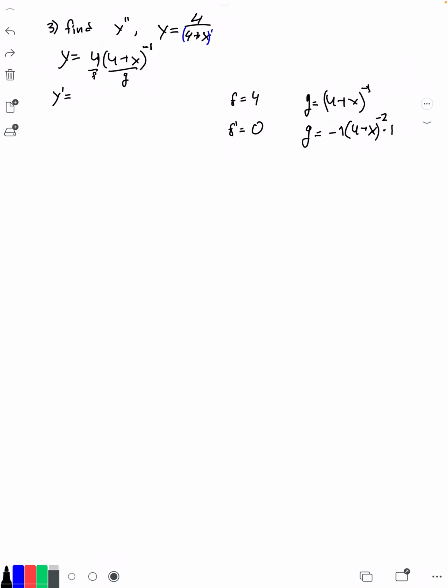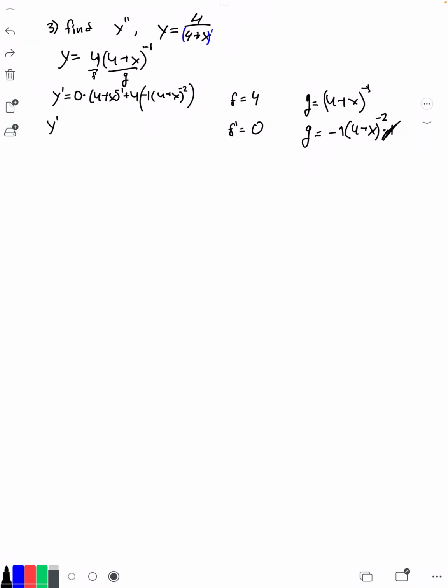So we have minus 1 multiplied by 4 plus x to the power of minus 2. We can multiply by 1 because it doesn't do anything. So basically we're going to have 0 multiplied by 4 plus x to the power of minus 1, plus 4 multiplied by minus 1, 4 plus x to the power of minus 2.